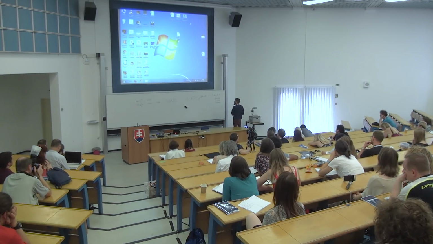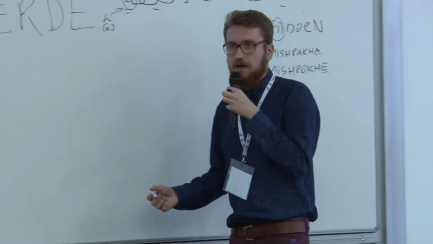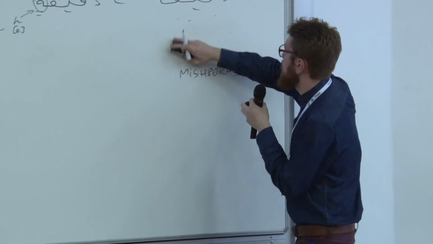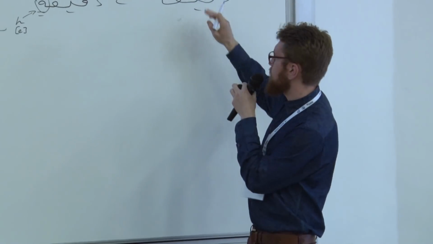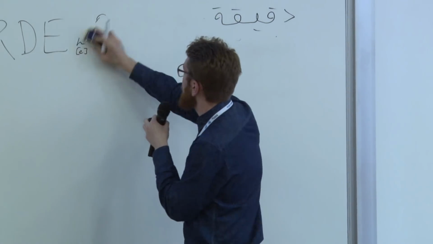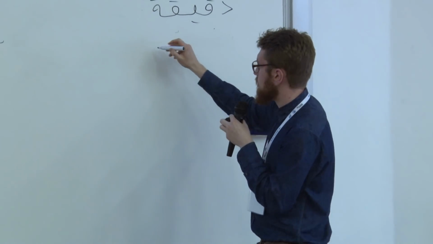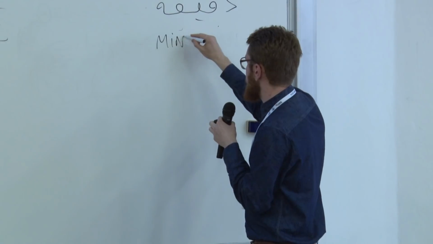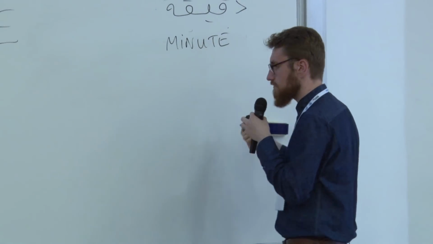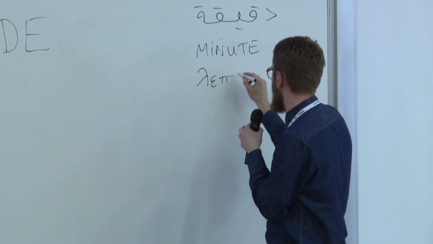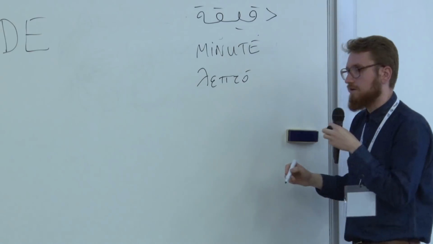For example, when you're learning, let's say, okay, let's stay with this beautiful word, daqiqa. In Arabic, it means minute. In English, it's minute. In Greek, it's lepto. Yes.